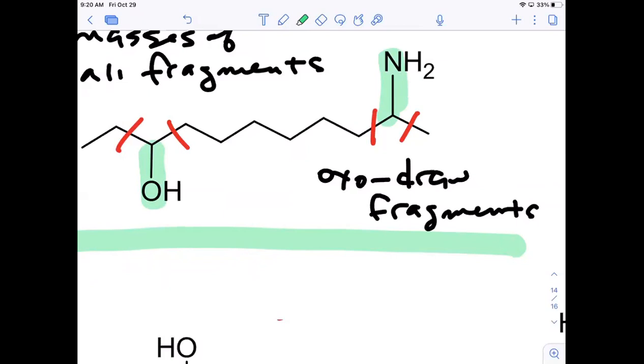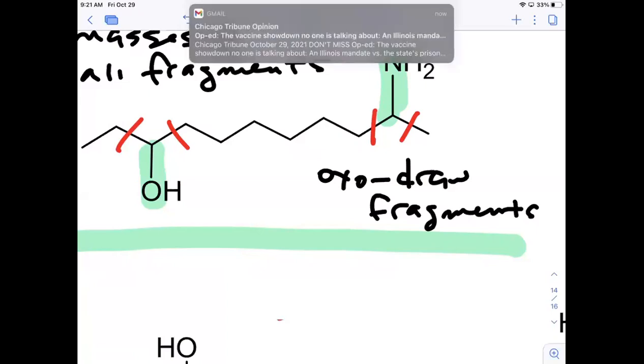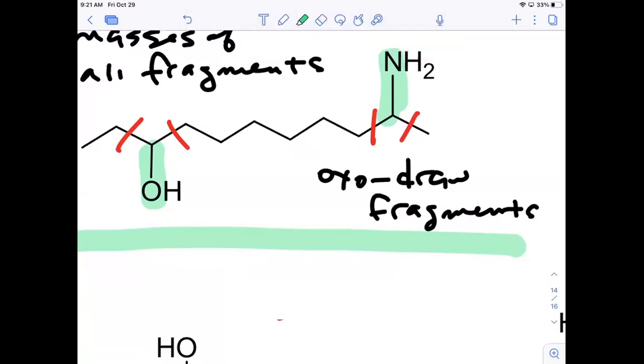If you have a branched alkane, then you're going to cleave at the branch points. If you have an alkene, you're going to cleave at the allylic site. Those are the patterns that we follow to determine where to cut the molecule. Did that answer your question? Yes, thank you.